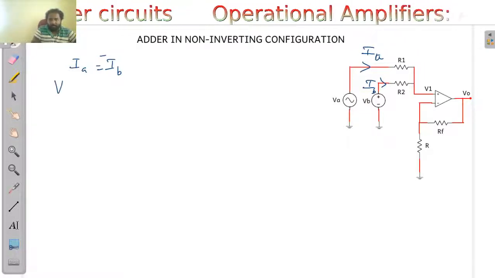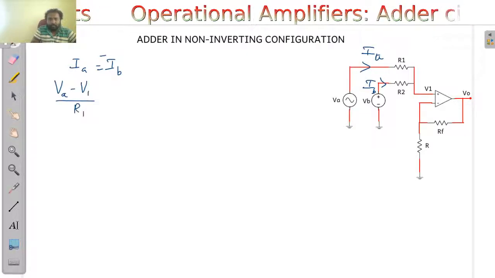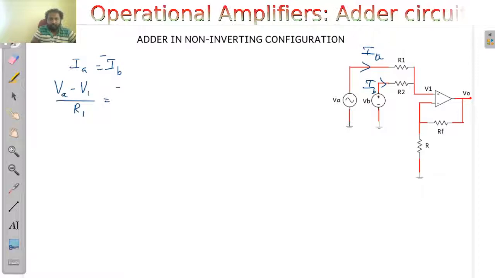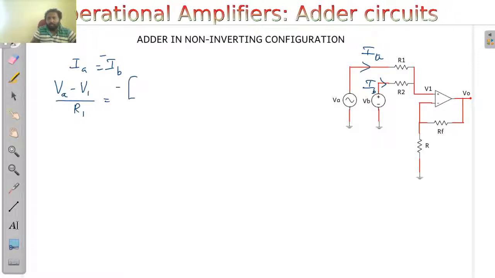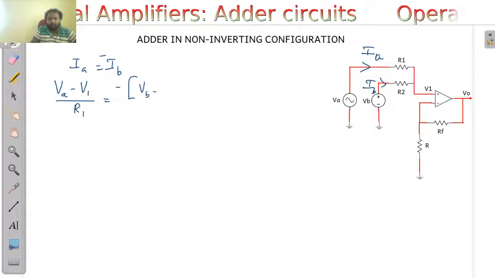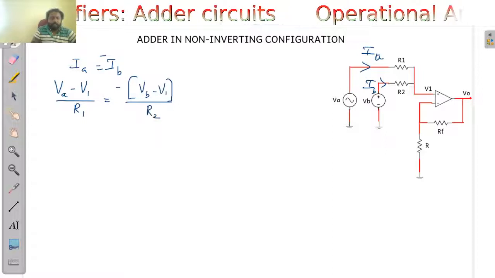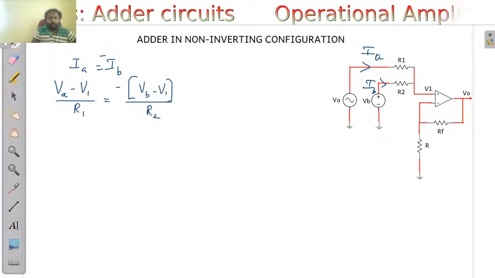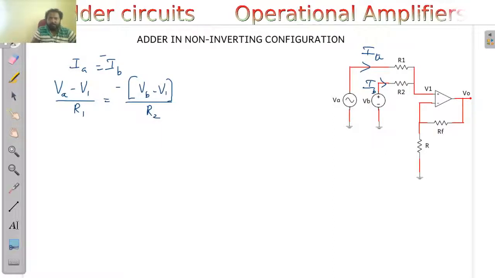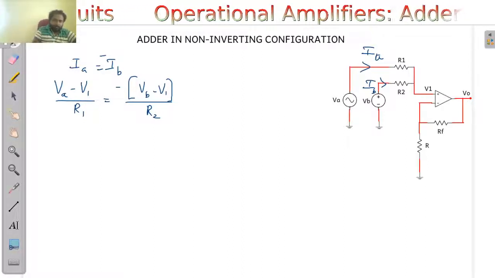So you can write this as VA minus V1 divided by resistance R1, which is equal to negative of IB, and IB can be written as VB minus V1 divided by R2. So I am just exchanging all these values. This is VB, and I am going to find an expression for V1.